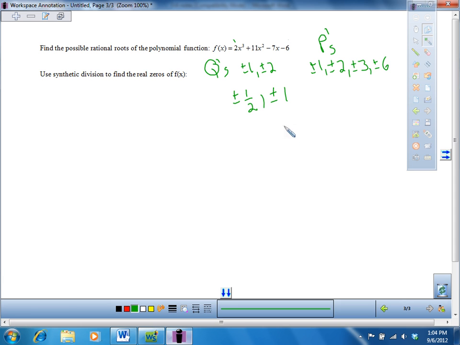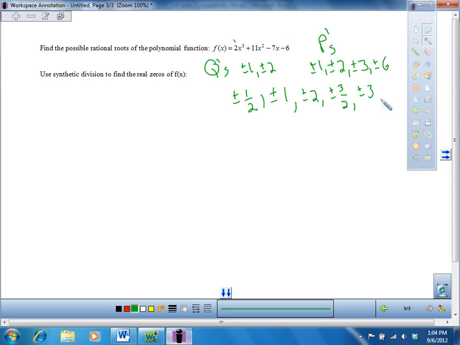This is the way I do it. Then I go to the next thing. 2 over 2, which we already have, or 2 over 1, which is plus or minus 2. Then I go to 3. Well, there's plus or minus 3 over 2, which we don't have yet, plus or minus 3/2, and that's a rational number, and plus or minus 3.